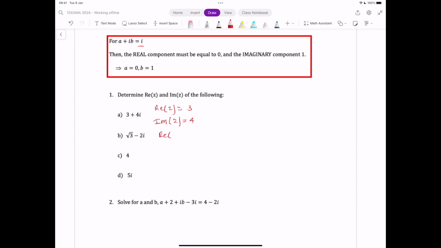Here the real component is the square root of 3, and the imaginary component is minus 2. In this one, the real component is 4, and the imaginary component is 0. And in the last one, the real component is 0, and the imaginary component is 5.